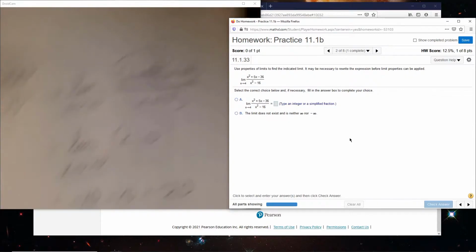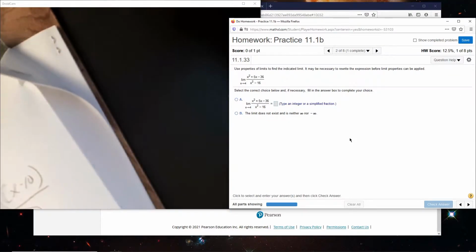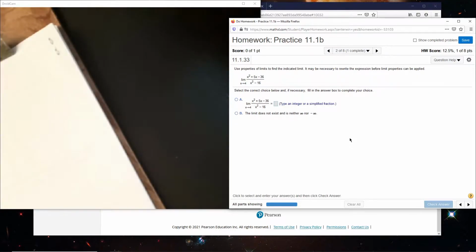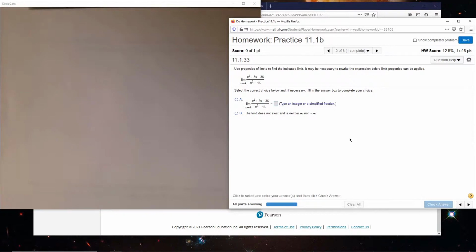Check out the next one here. And so now we have a polynomial that can be factored in the numerator and denominator here.